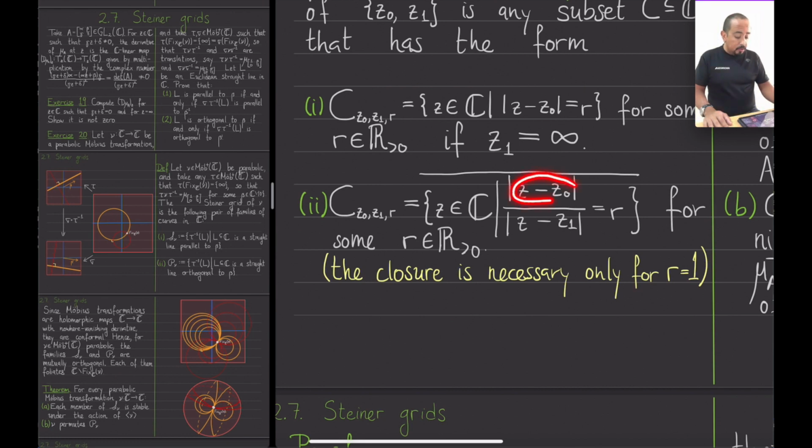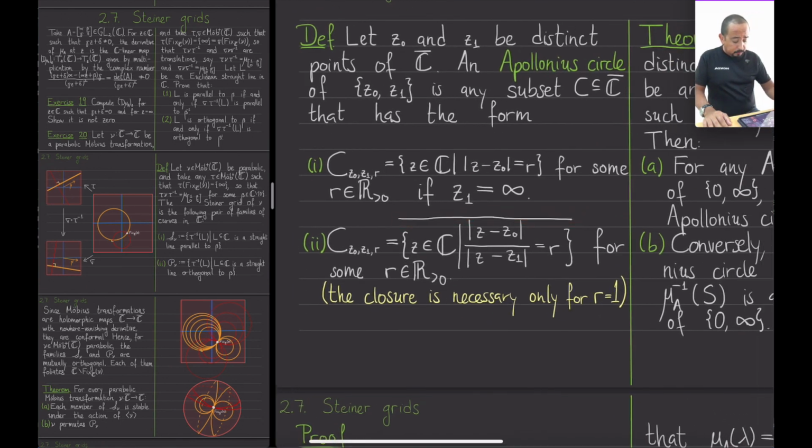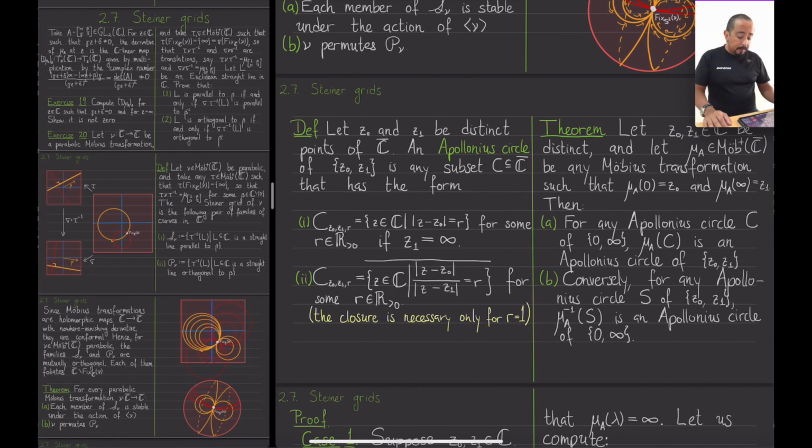So the ratio of these two distances is constant. By the way, the closure is needed only when R is equal to 1, because then this set is the mediatrix, so it's a straight line, and I want to add the point at infinity, which is why I close. Otherwise, when R is not equal to 1, the set is already closed. Okay, so those are the Apollonius circles of the pair of points.